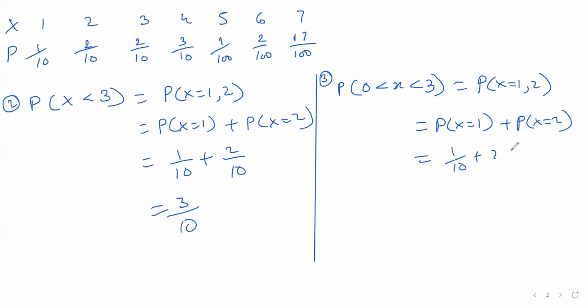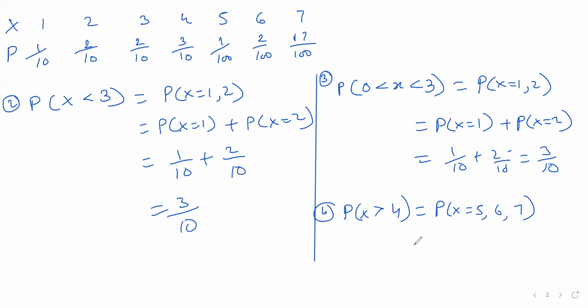That is 1 by 10 plus 2 by 10, that is 3 by 10. Probability that X is greater than 4: X has to be 5 or 6 or 7. So 5 is 1 by 100 plus 6 is 2 by 100 plus 7 is 17 by 100. So that will be 20 by 100, or 2 by 10, or 1 by 5.